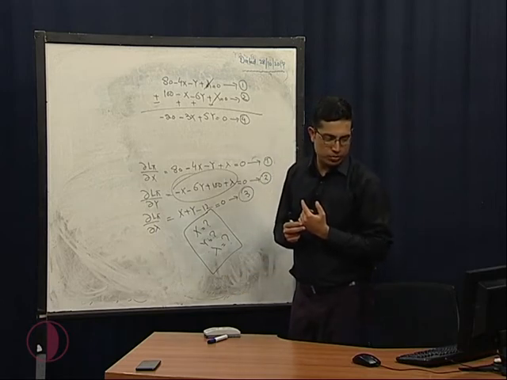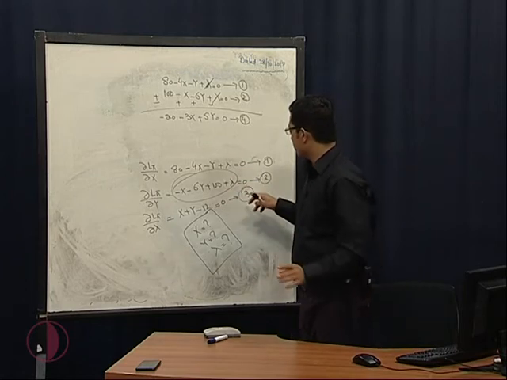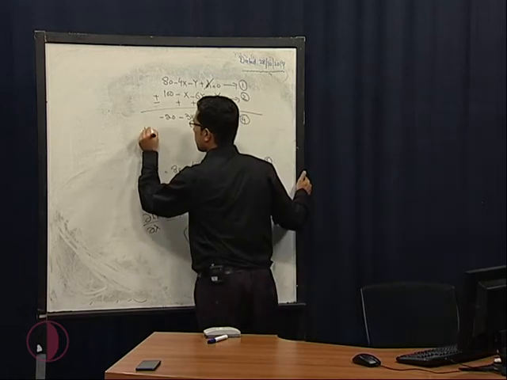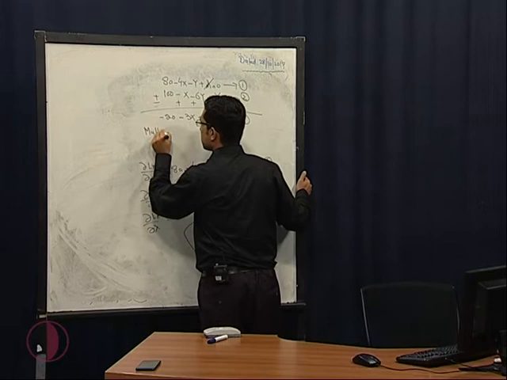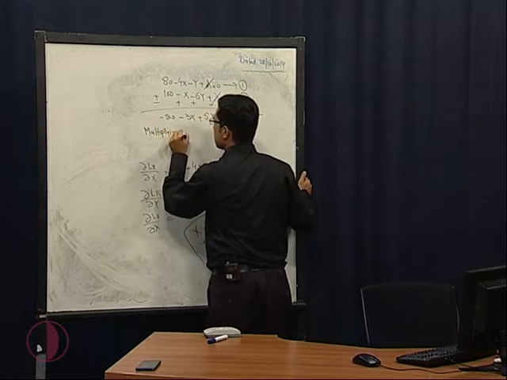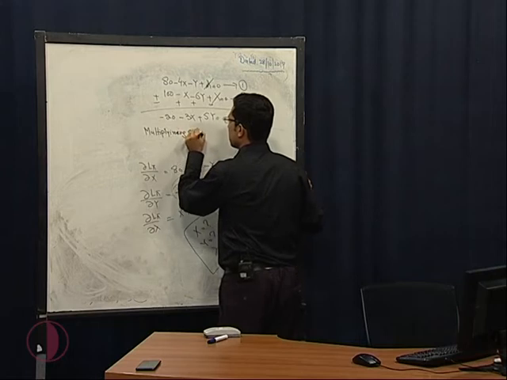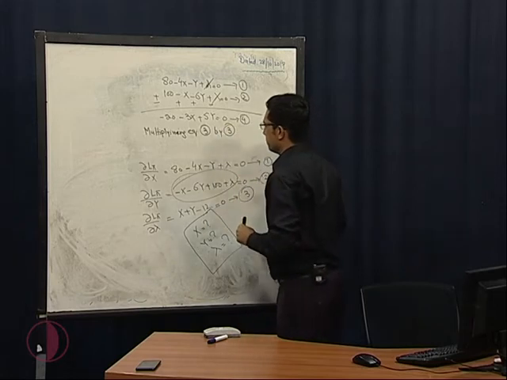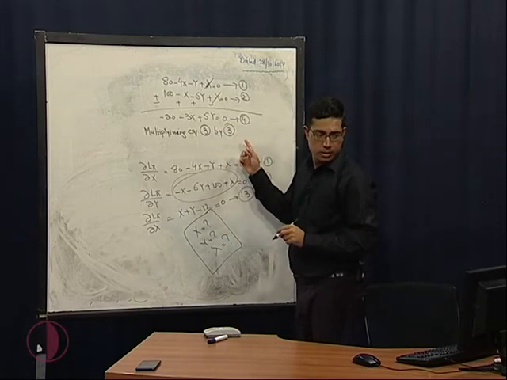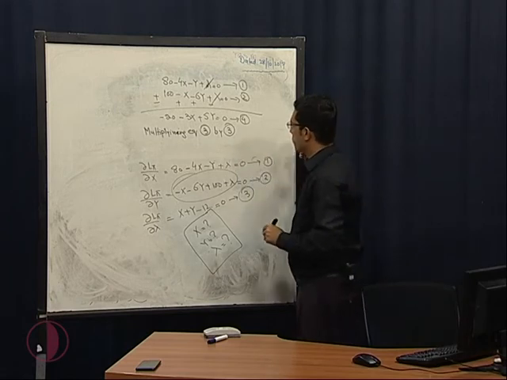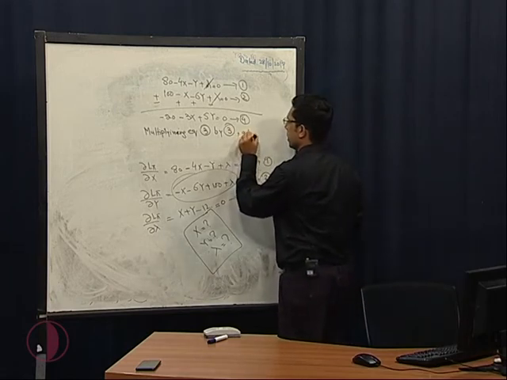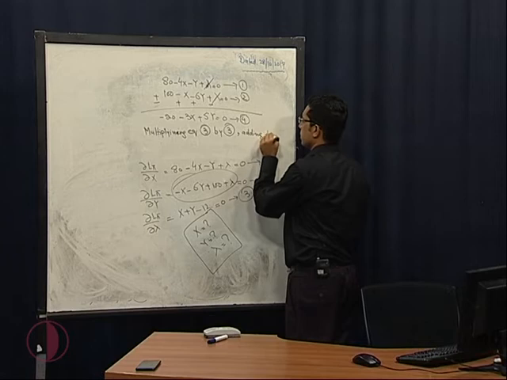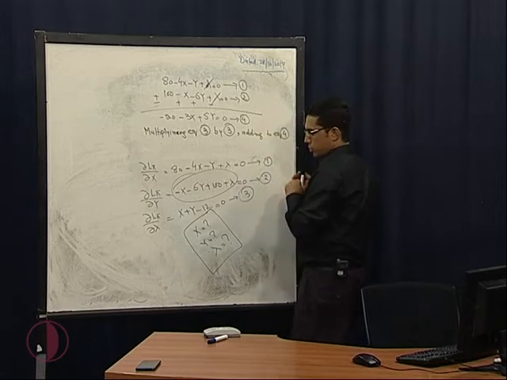Now, we multiply equation 3 by 3 and then add the resulting equation to equation 4.